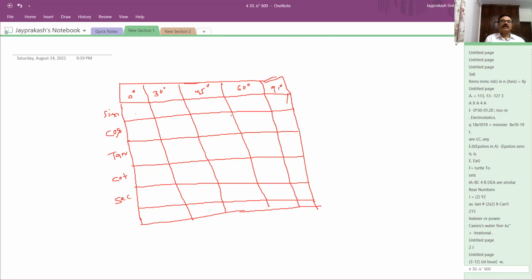Okay, so how will you find these values? What we have to do? Just write the numbers 0 to 4: 0, 1, 2, 3, and 4. And divide all these numbers by 4, and take the square root.